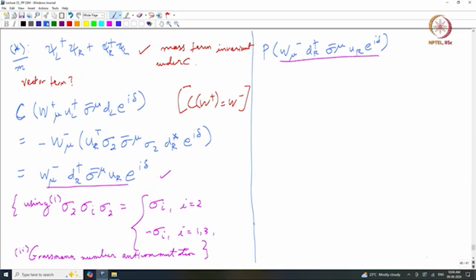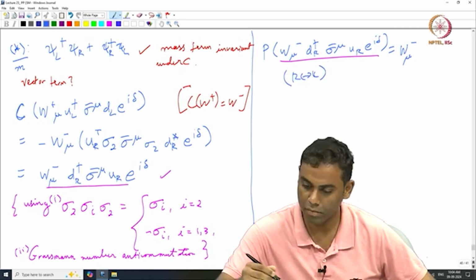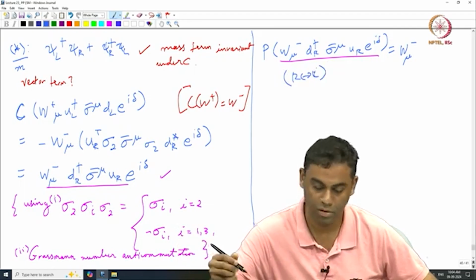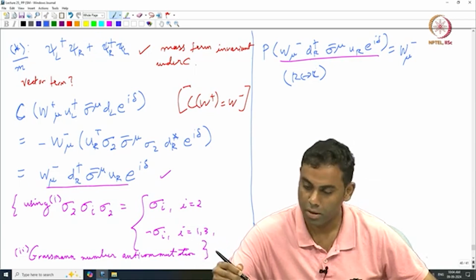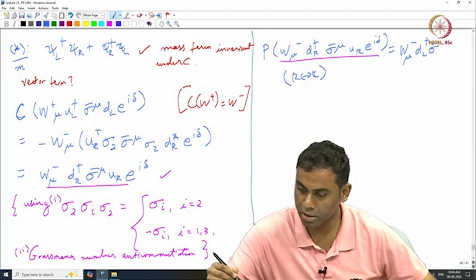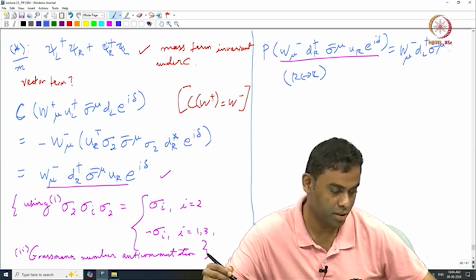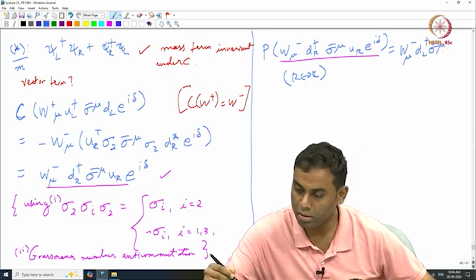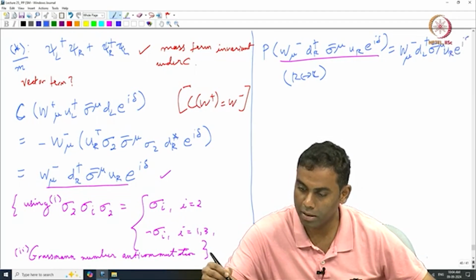What should happen now? How does the transformation go? W minus goes along for a ride. Now under parity I just flip the right and the left, correct? Agreed? So I have DL dagger sigma bar mu UR e power I delta.